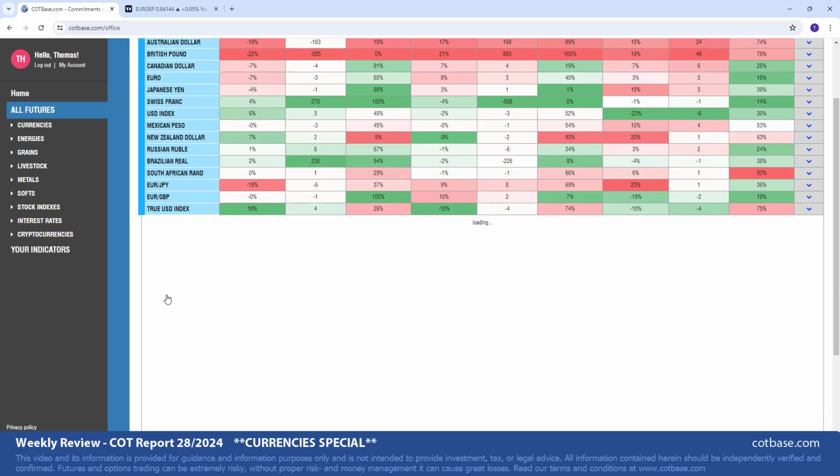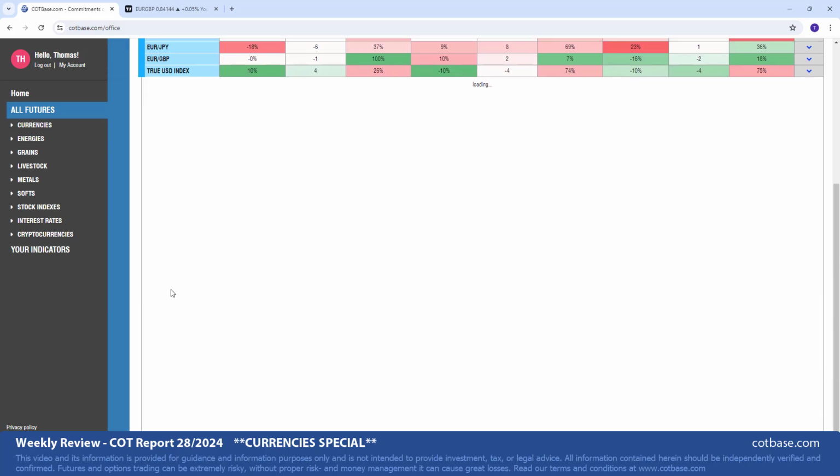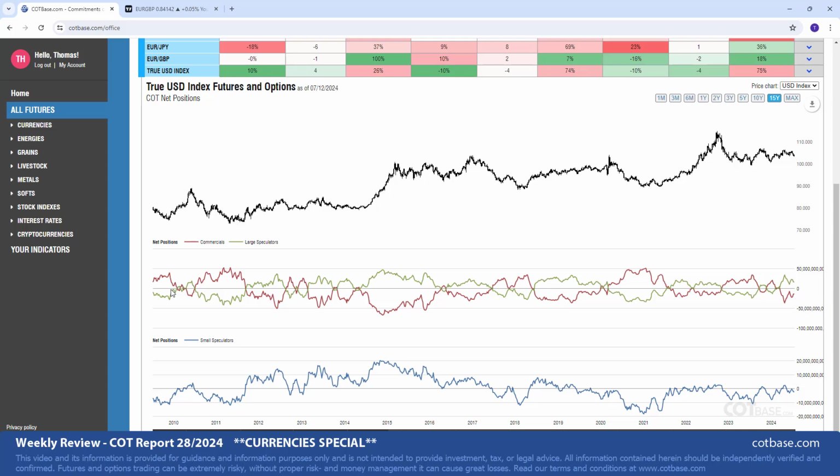And another thing we should check is the true US dollar index, because with the true US dollar index, what we've done is we combine the individual currency futures and created a special unique data by calculating the exact dollar amount of how net long or short the given trader group is, and basically bringing you all of the information from the separate currencies that are in the dollar index in their own ratio, and this might give you a more clear understanding.